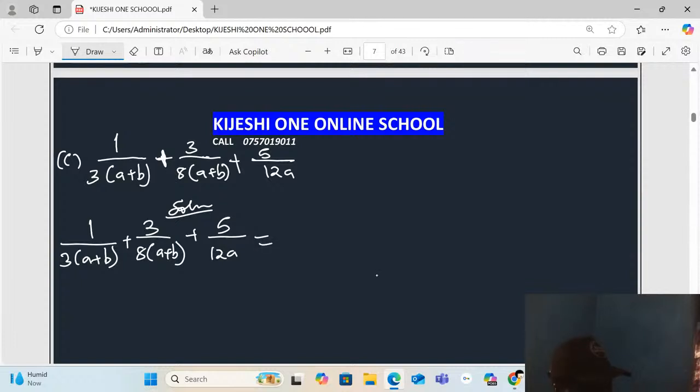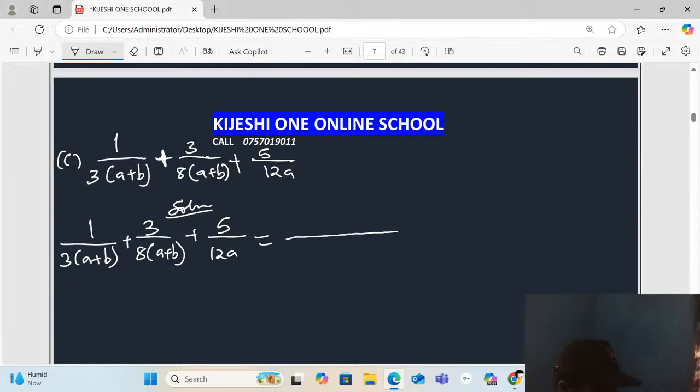Now we look at the LCM of the denominators.